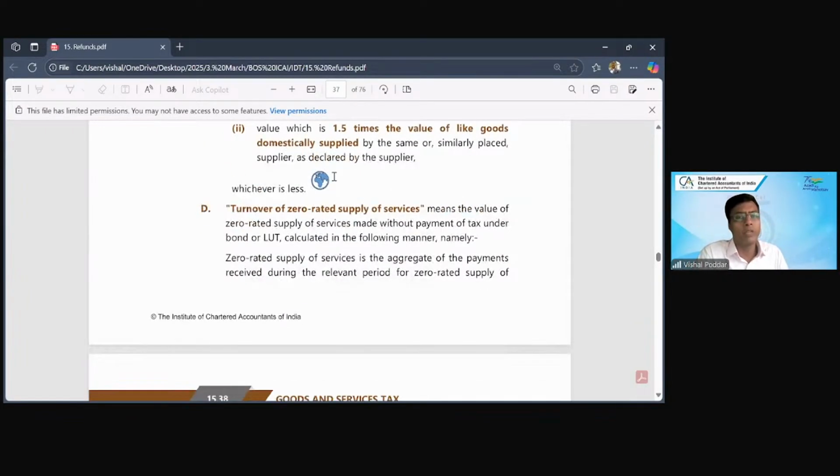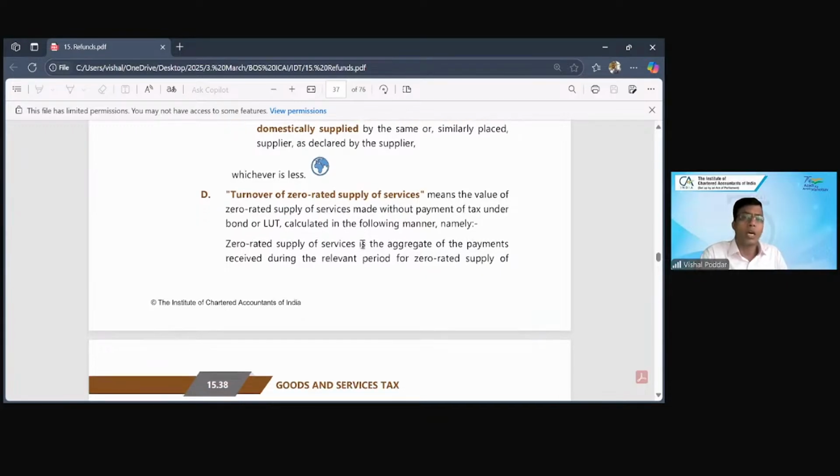Then comes the second value, that is what will be the value of turnover of zero rated supply of services. It is the value of zero rated supply of services made without payment of tax under bond or LUT. How is it calculated?